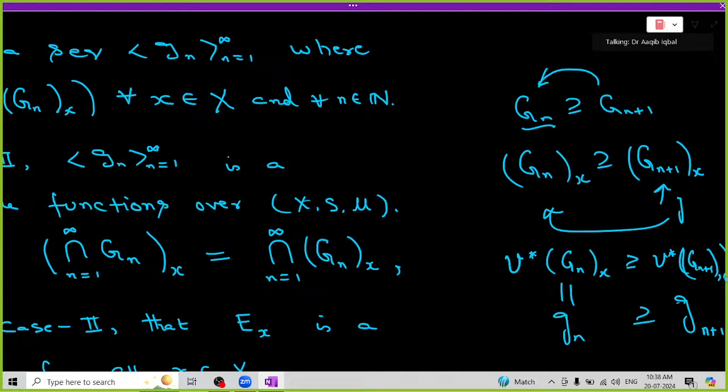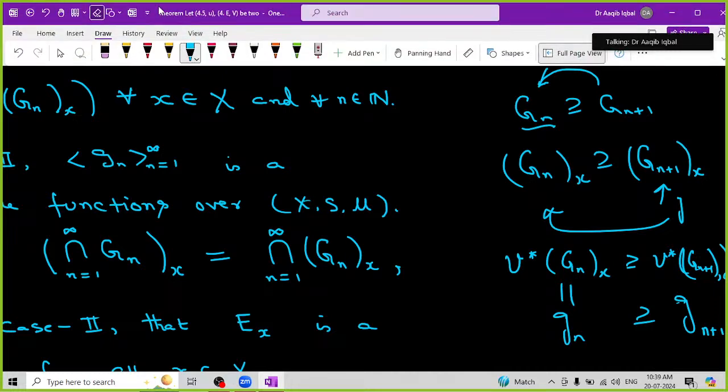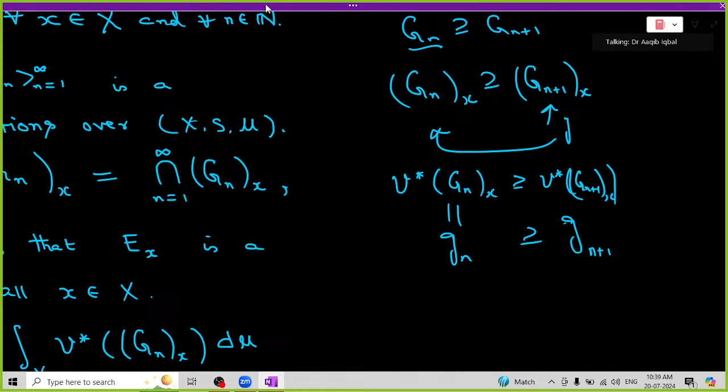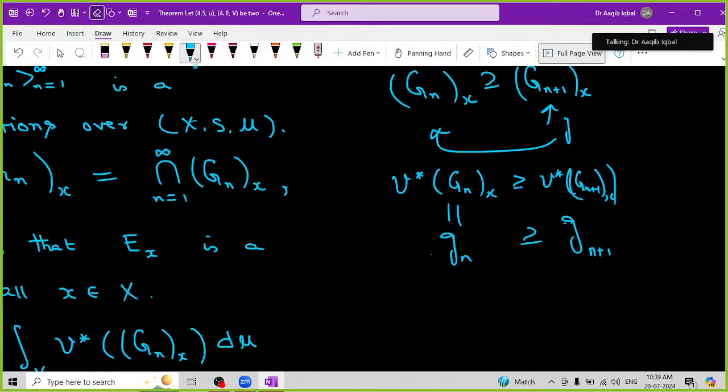So the sequence of gn's is decreasing. We use Levy's theorem for increasing sequences, but that is not an issue, we can modify this. If the gn's are decreasing, what will minus gn's be?